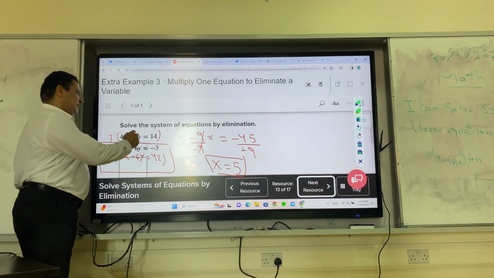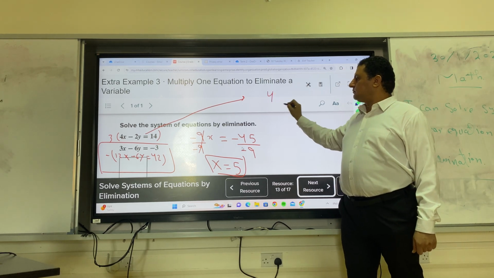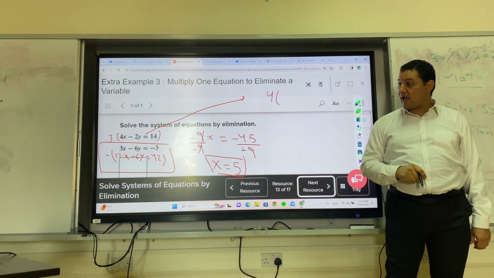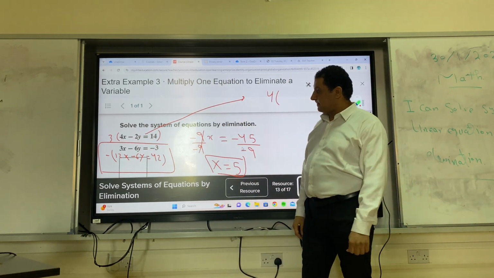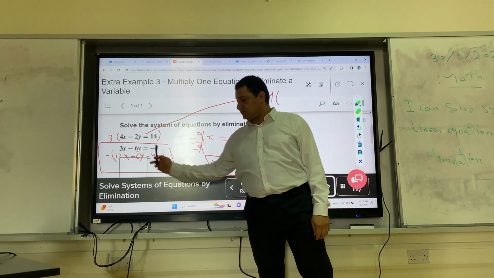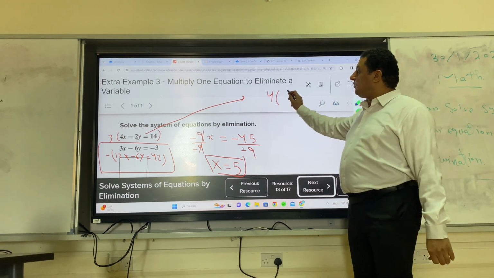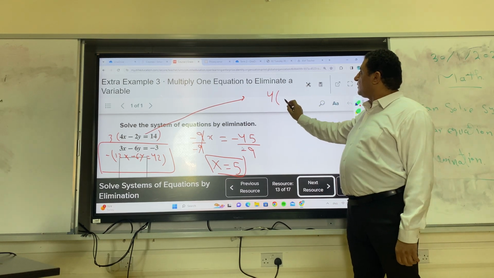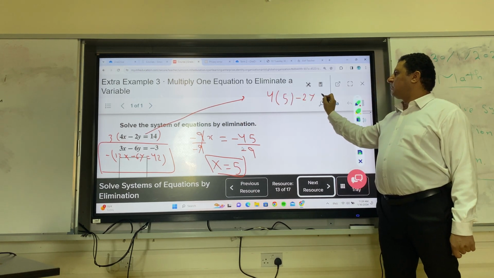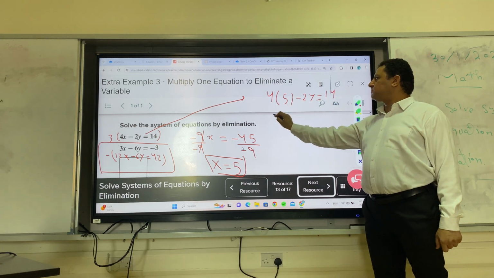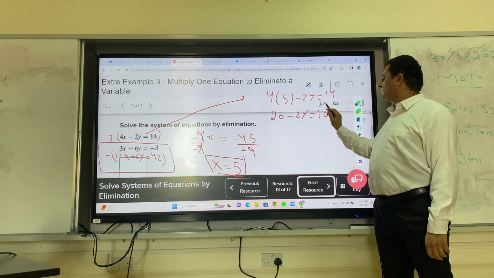Yes? Can I take this equation there? So I have 4. I have multiplied everything here by 3. This one? No, I subtracted. No, it's okay. Now 4x, that is 5, minus 2y equals 14. 4 times 5 is 20, minus 2y equals 14.